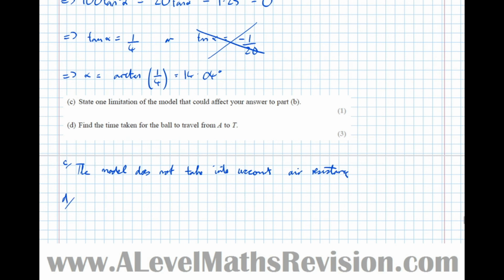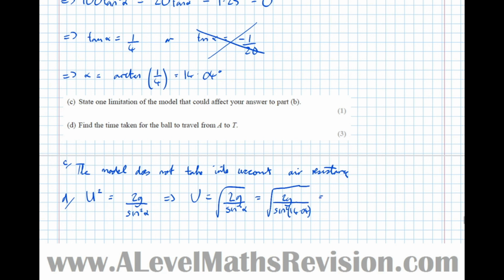find the time taken for the ball to travel from A to T. Well, we can find U using the formula u squared equals 2g over sine squared alpha, which means that u, which we know is a positive quantity because it's the initial speed, equals 2g over sine squared alpha rooted equals the square root of 2g over sine squared 14.04.